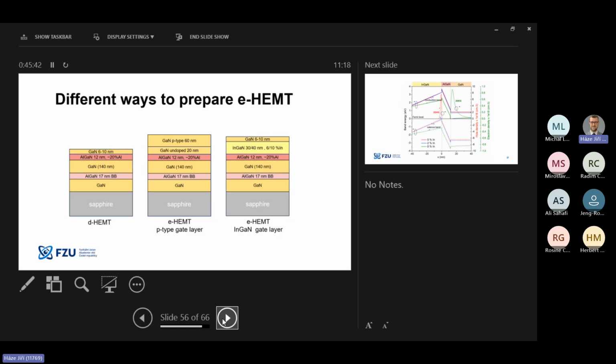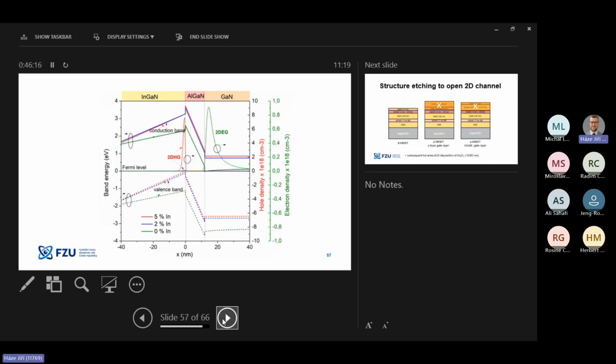Another possibility for how to prepare E-mode structures is InGaN layers on the top instead of magnesium doping, because we thought if there will be a problem with magnesium penetration, InGaN doping could also help to solve this problem. Another motivation was to produce a two-dimensional hole gas, which could be present on this interface, and maybe some logic structures.